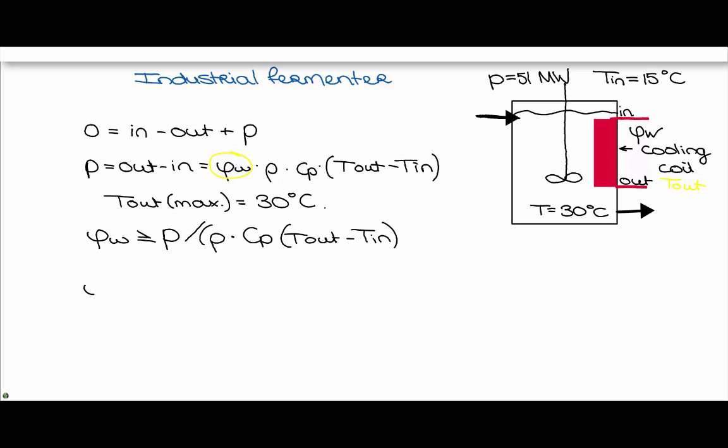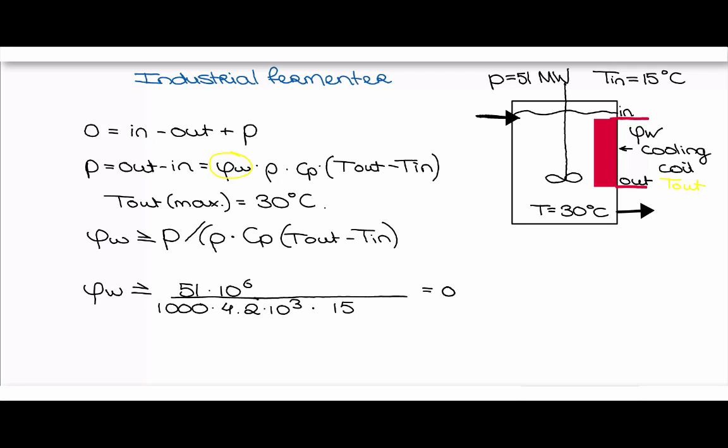Which is, if we write everything in the right dimension, 51 million divided by the density of water divided by the heat capacity of the water in the right dimensions divided by the temperature difference, which is 15 degrees Celsius, and then you will find a value of 0.81 cubic meter per second as the flow rate.